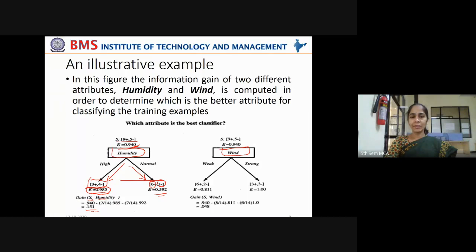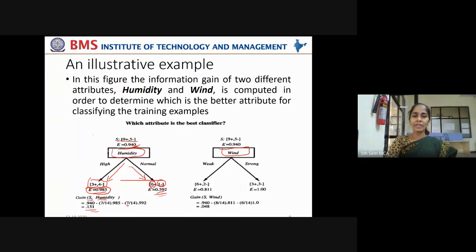0.985, that is substituted here, minus total number of training examples having humidity as normal, that is 6 plus 1, total 7 out of 14 training examples, multiplied by what is the entropy where the humidity value is normal? 0.592. So what is the result you get?